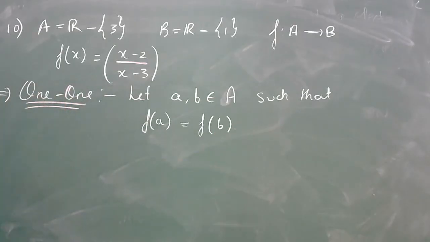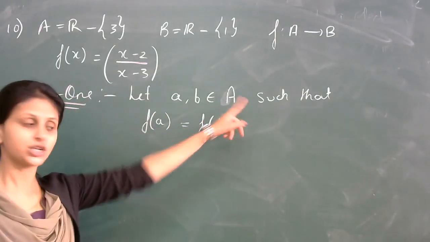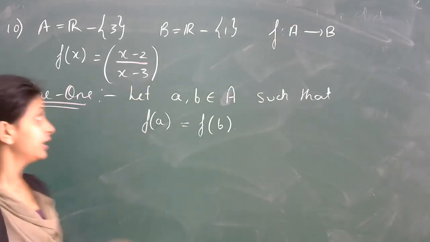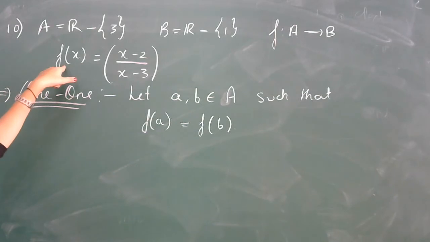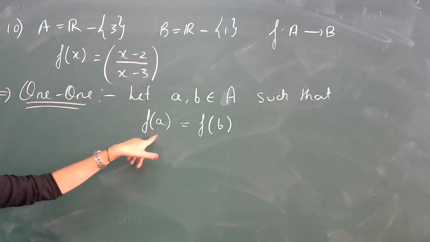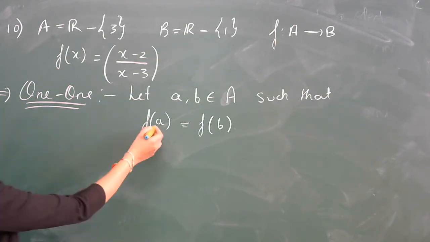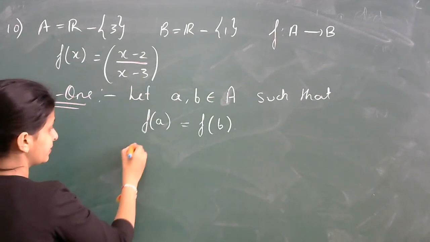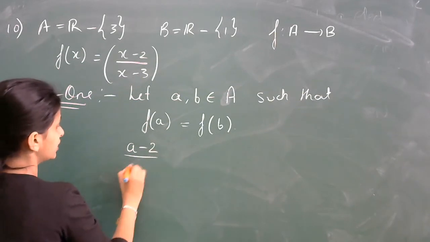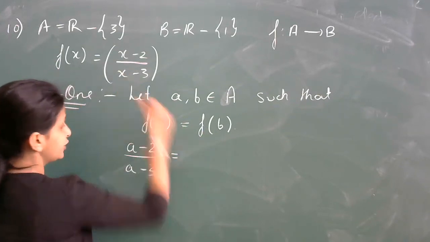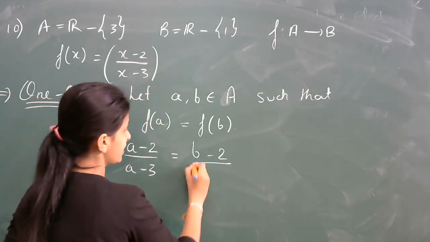So I have considered two elements from the domain A such that the images are the same, that f of a is equal to f of b. Now the function is defined like this: f of a is a minus 2 divided by a minus 3, and f of b will be equal to b minus 2 divided by b minus 3.